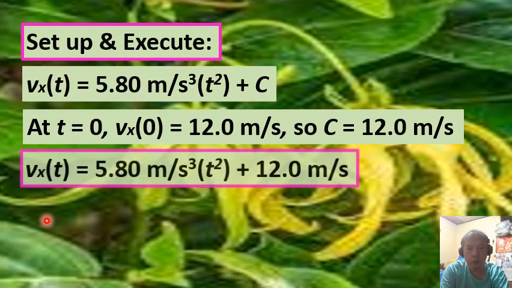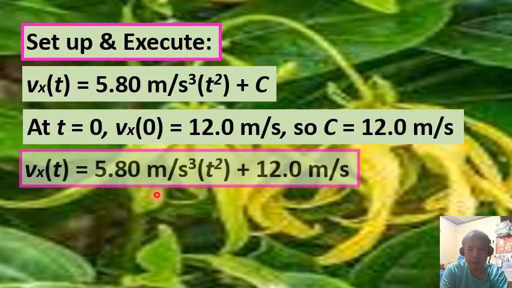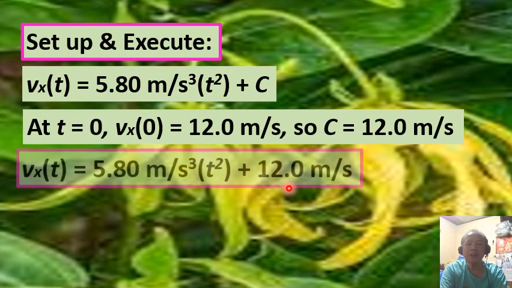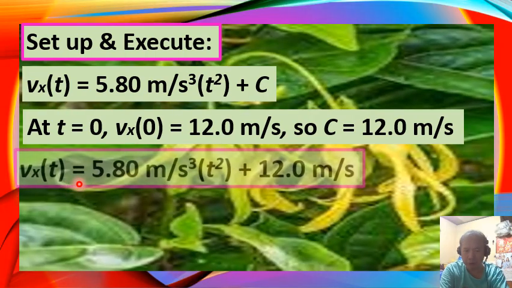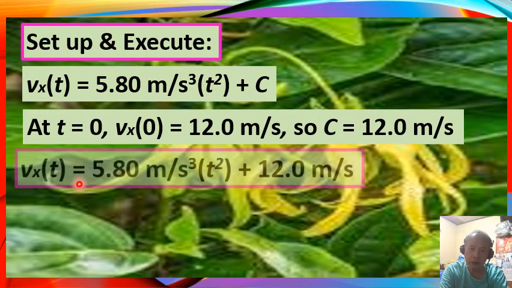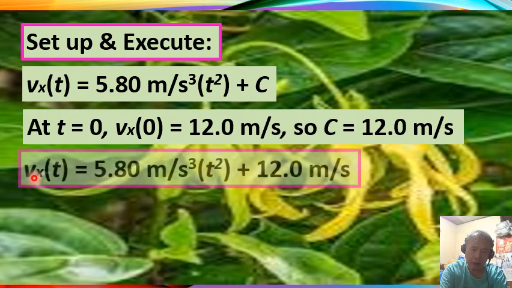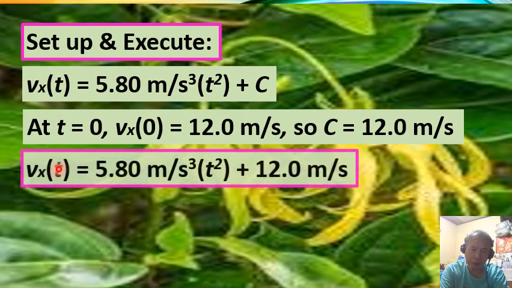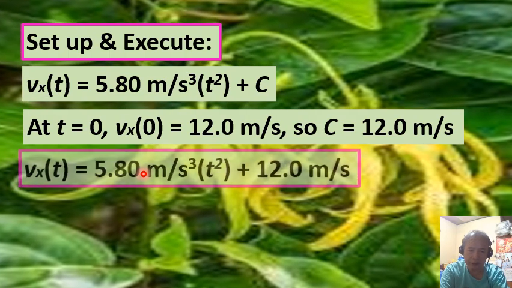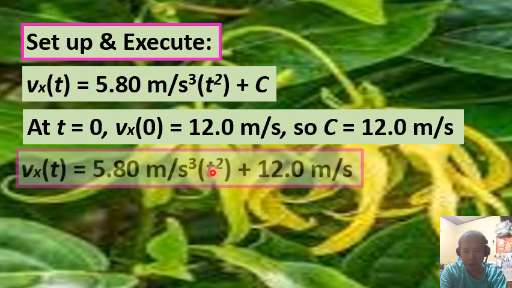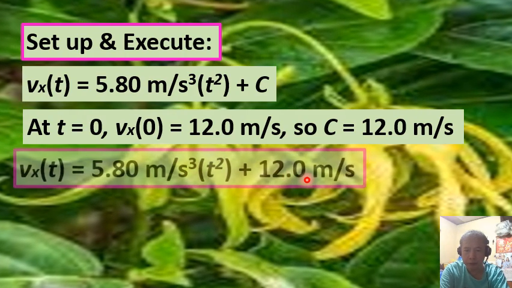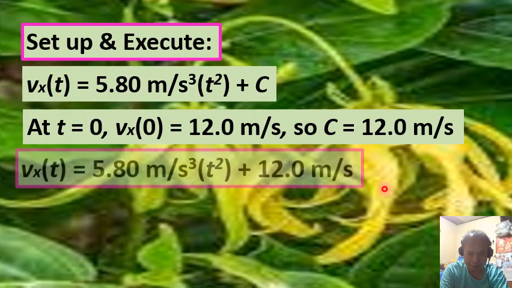So we can now have our complete expression for our velocity as a function of time, expressed as v sub x as a function of time equals 5.80 meters per second cubed times t squared plus 12.0 meters per second.